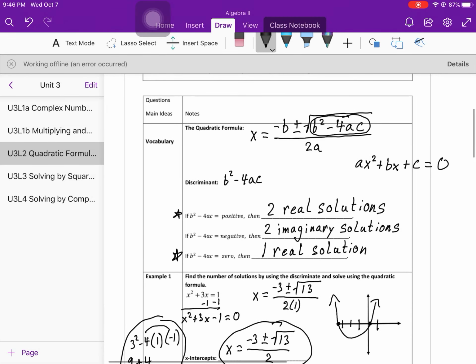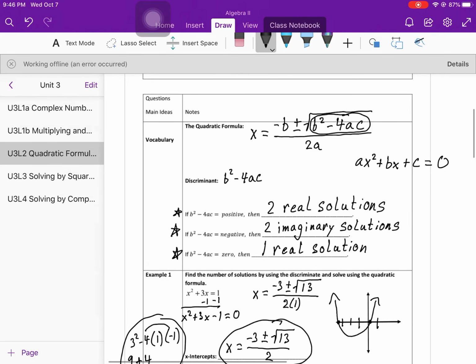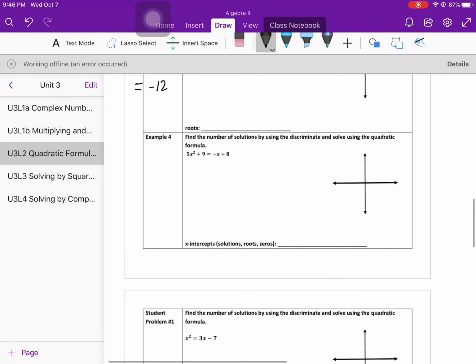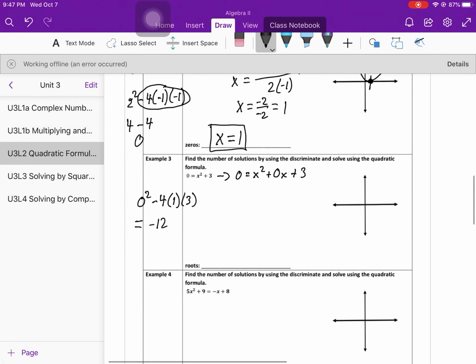And since it's a negative number, we're going to get 2 imaginary solutions for this one. All right, so if I plug into the formula, I get -0 plus or minus the square root of -12 all over 2 times 1.